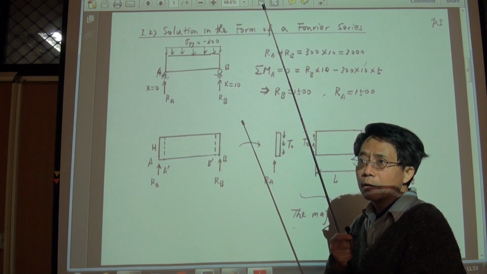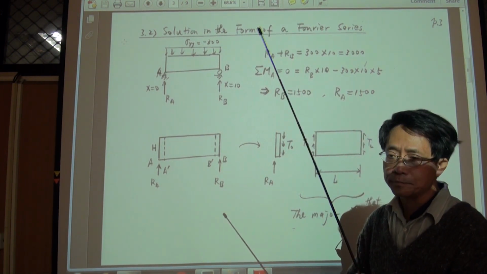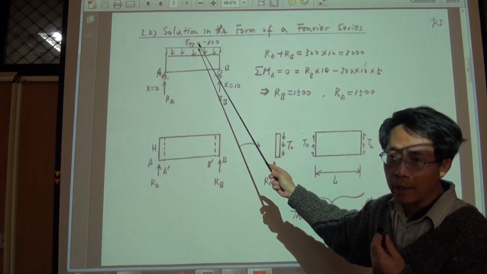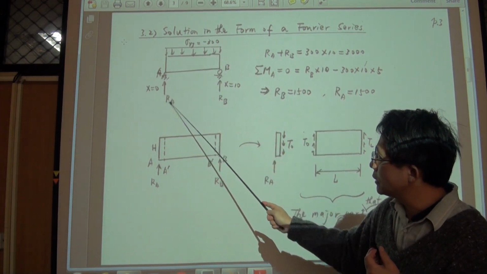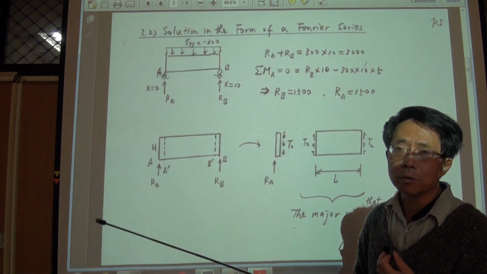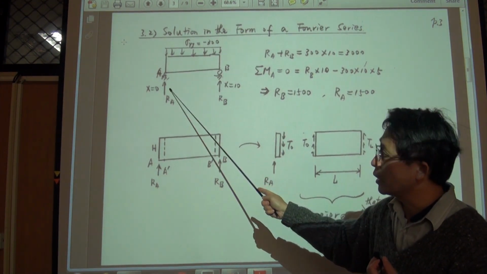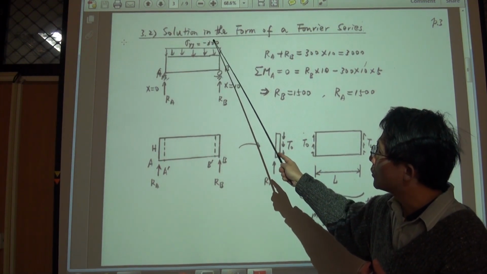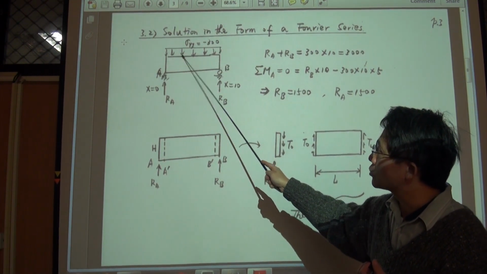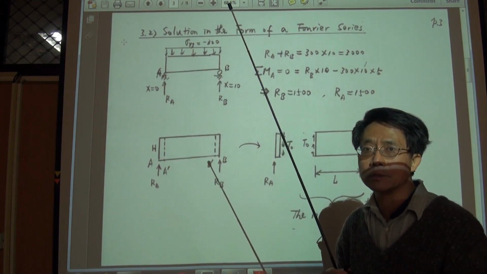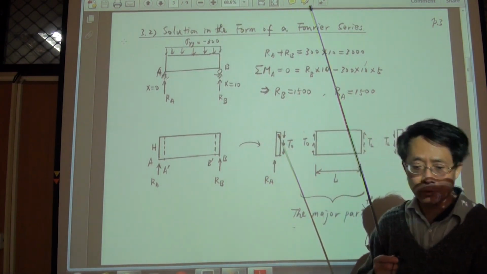So no matter what kind of distributed load here, you still can have RA and RB. It doesn't matter. I just give you a most simple one to illustrate our idea. Here we can change the loading to a triangular load, and we can carry out similar argument as before.